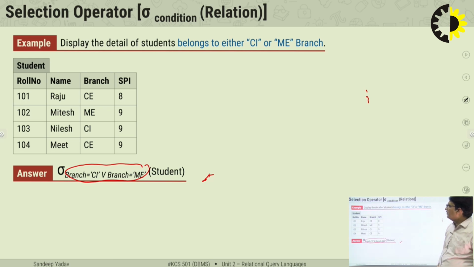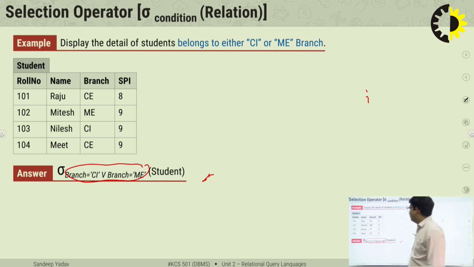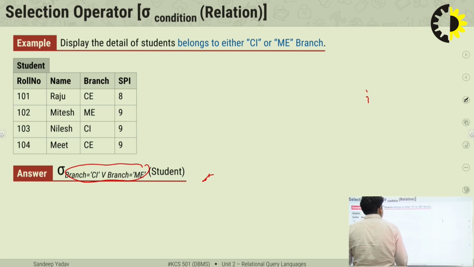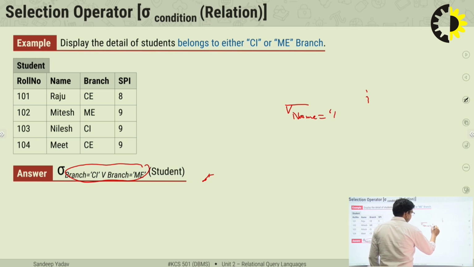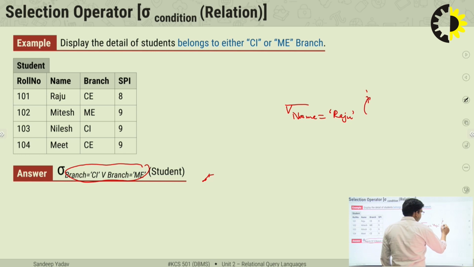Now we want to find out the detail of the student Raju. Next query is, we want to find out the detail of the student Raju. Then how to write the query is, sigma name equal to Raju followed by the name of relation, that is student.